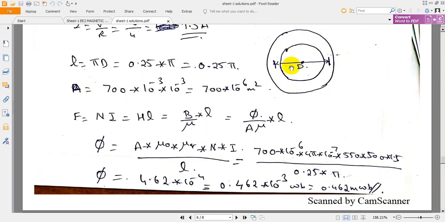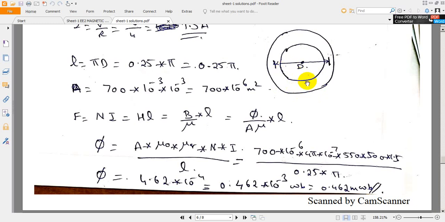material, core. How to find out the length of the material? It is the mean circumference. Mean circumference is 2 pi r, at the middle of the coil. Or simply the circumference of this coil can be given as pi into d.